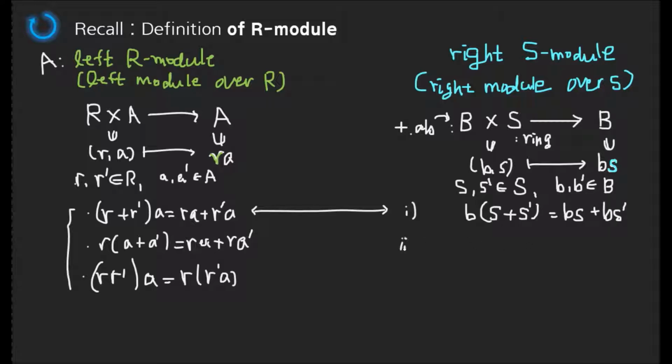And the second: (B plus B prime)S is equal to BS plus B prime S.